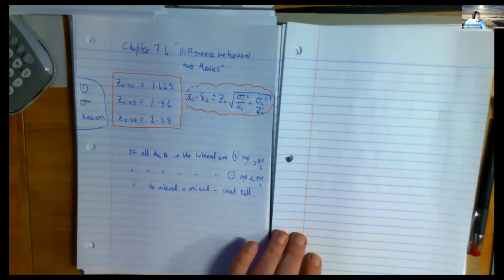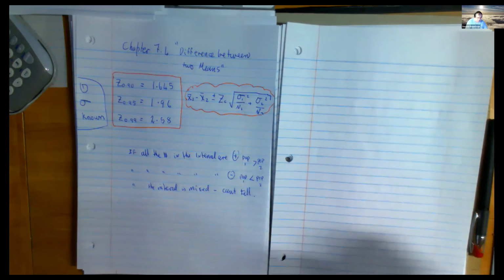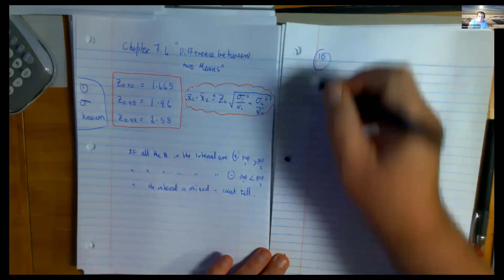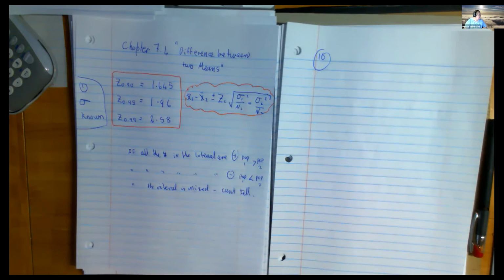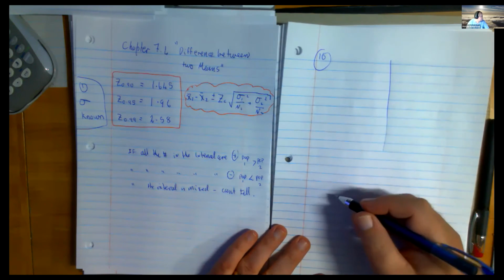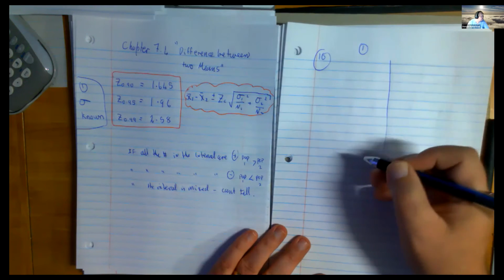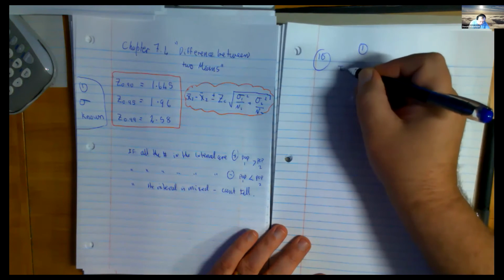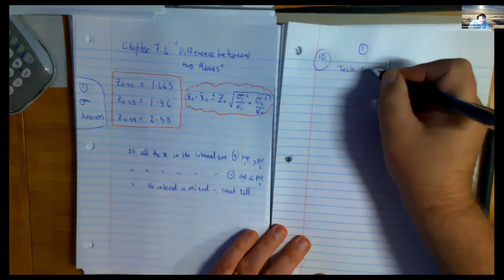Okay. I don't know how relevant this one is, but this is question 10. They have two companies. No, not two companies, two industries. Population one is tech companies.